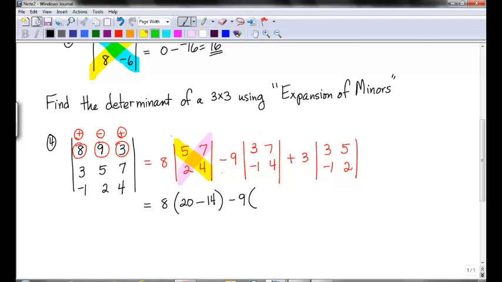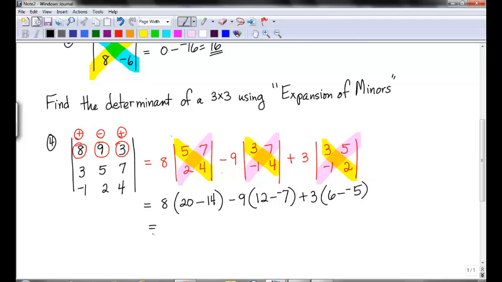You multiply down the diagonal to the right, would be 12, and subtract the product coming back up. So it'd be minus a -7, plus 3, multiply down the diagonal to the right, would be 6, and subtract the product coming back up. Minus 5? Check my arithmetic.